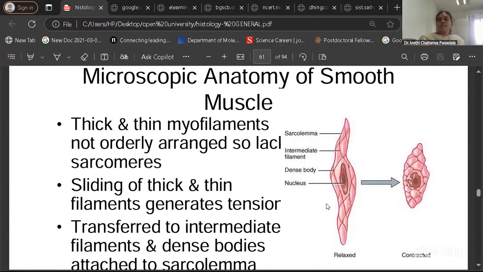When smooth muscle is relaxed, here you can see the structure. When it is contracted, here you can see the structure. It contains the thin and thick myofilaments, not orderly arranged. It lacks sarcomeres.